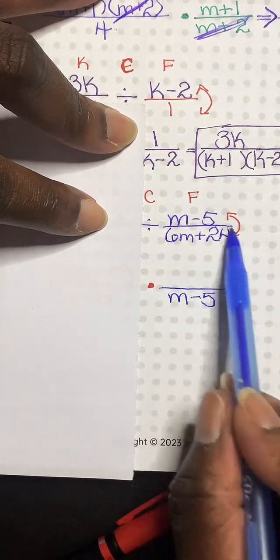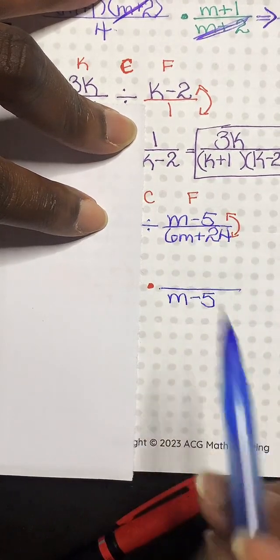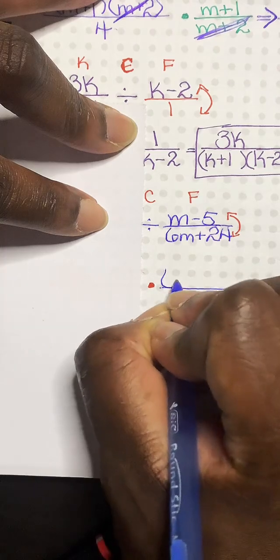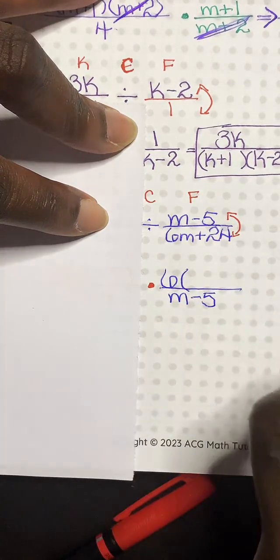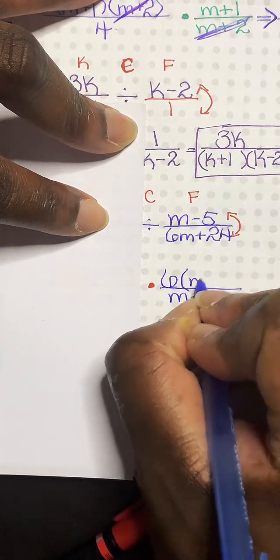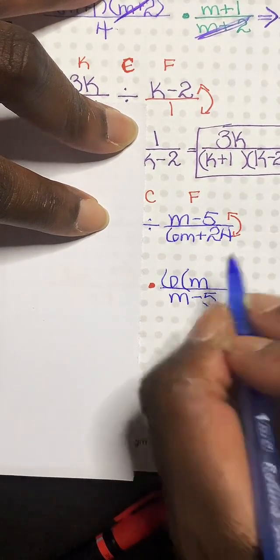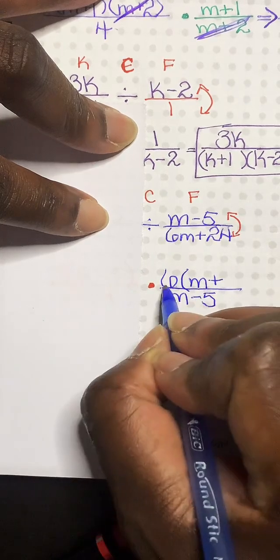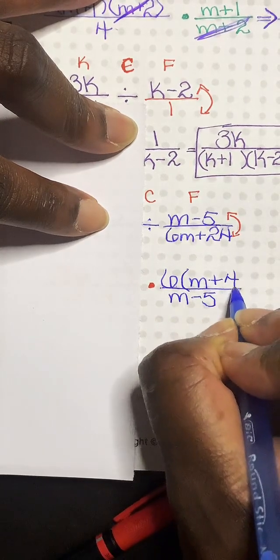They have 6 in common, so I'm going to pull that 6 out. So 6m divided by 6 gives me m, and a positive 24 divided by 6 gives me 4.